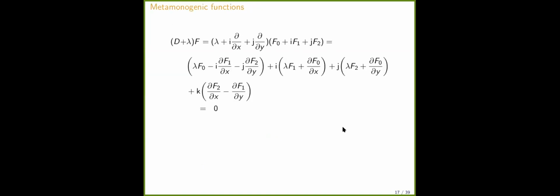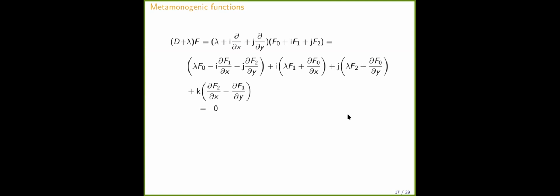Okay, just to notice something that somebody might not realize, when you multiply this reduced quaternionic operator, which only has scalars, i and j, by an R3 valued function, a k term appears. So this was what Hamilton discovered a couple of centuries ago, that you cannot make a nice multiplication that will stay in R3. So D plus lambda of f equal to 0 is a system of 4 differential equations.